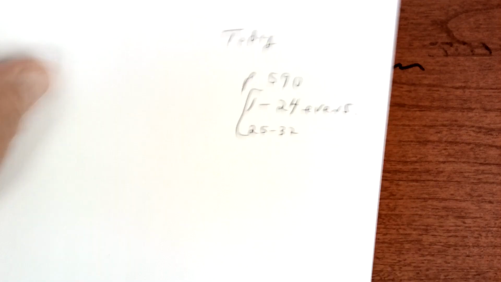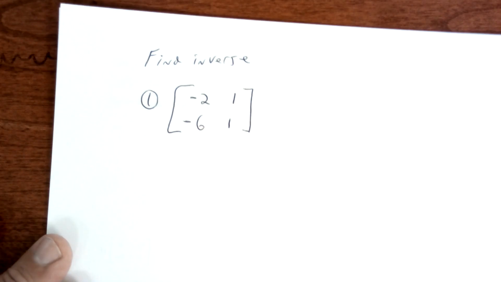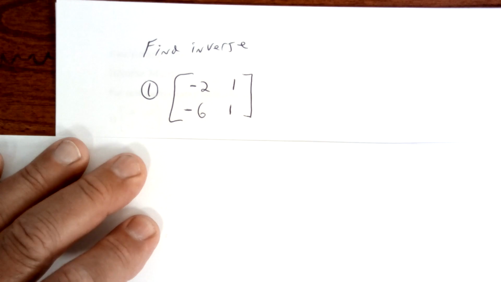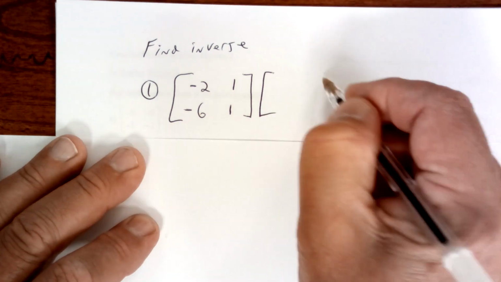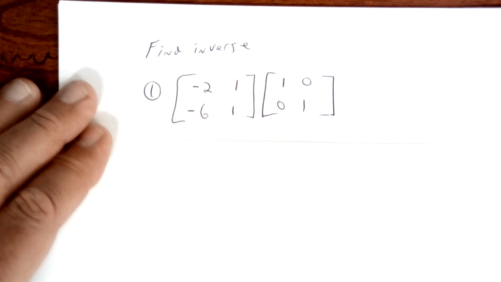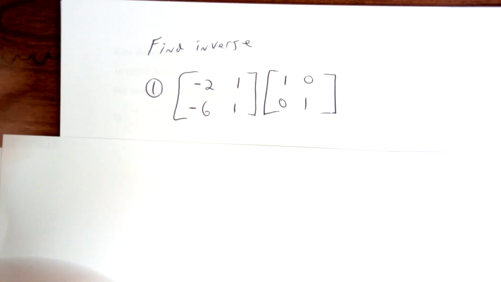Let's turn our attention now to college algebra. And we were talking about inverses here, so let's work this one. Remember, you have to put what I call the identity matrix, like that, and then you got to work it out. Well, let's think about this one. We're trying to get rid of that 6.